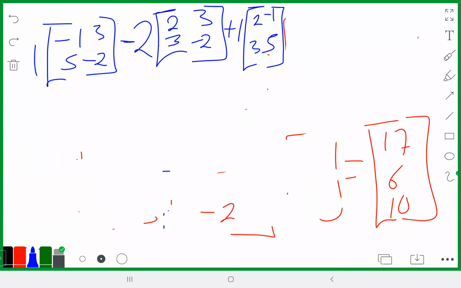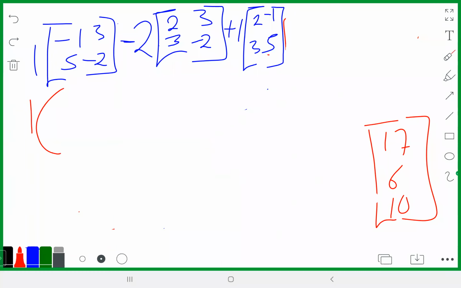So once you do that, it becomes very easy, right? Just very easy. You write this 1 times, how do you find the determinant? To find the determinant, you multiply this 1 times that -1 times the negative what?